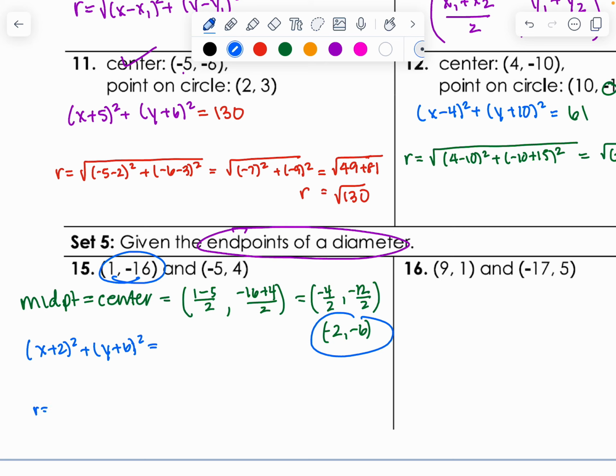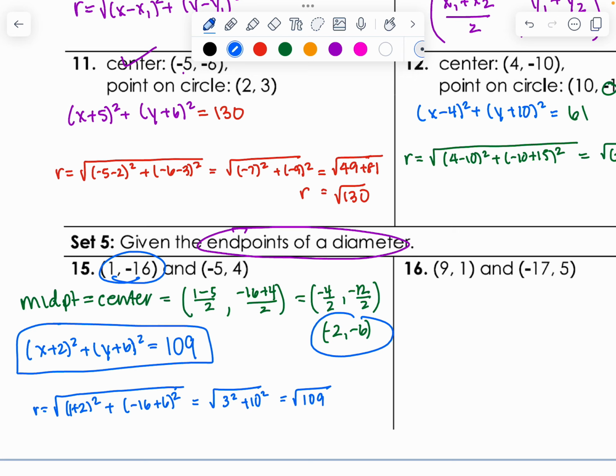So r would equal the square root of 1 minus the negative 2, so plus 2 squared, and negative 16 plus 6, because it's minus a negative as well. And this is going to be the square root of 3 squared plus negative 10 squared, which will be the square root of 109. And if I square it, it's 109.